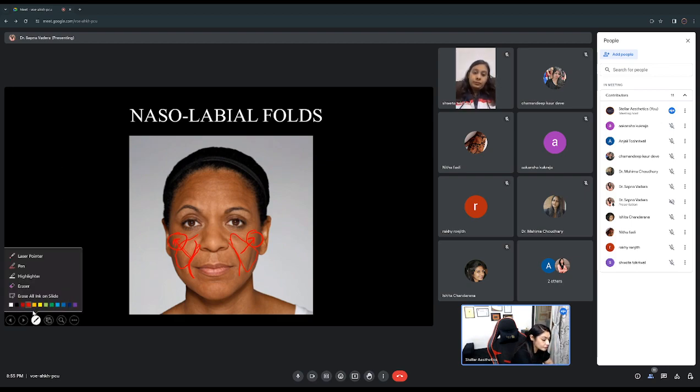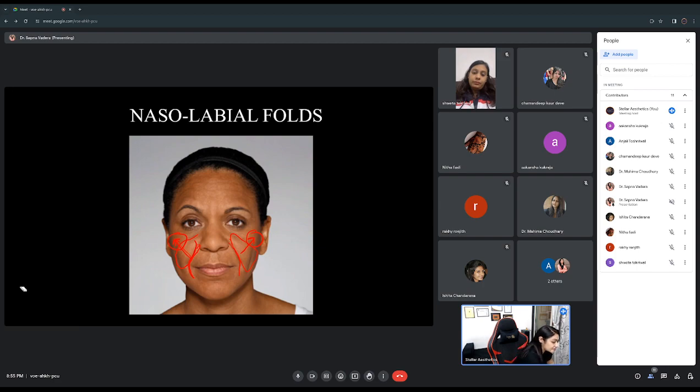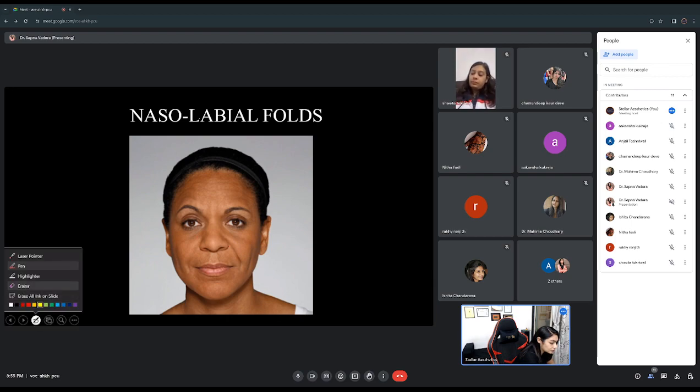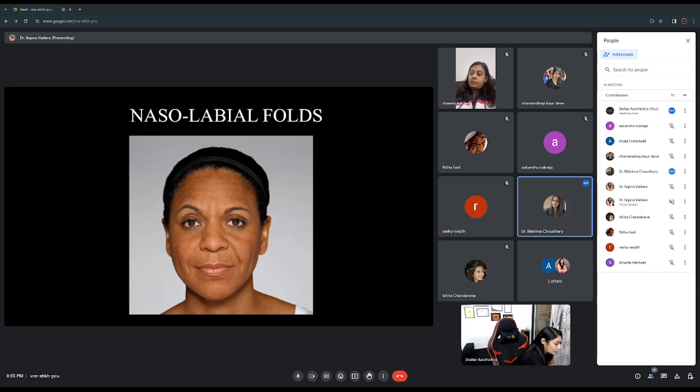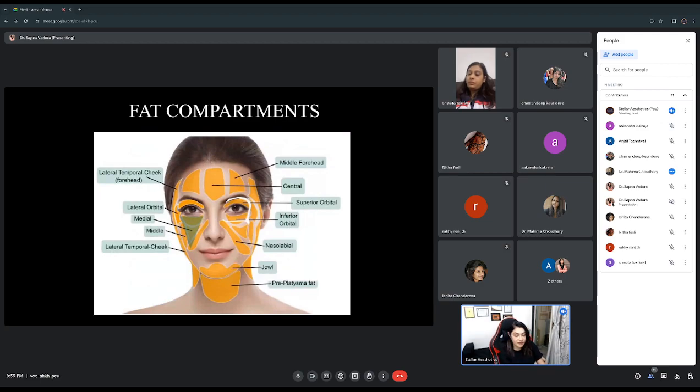How we are going to do that we will discuss when we learn the procedures, but I hope you all can clearly see that all this thing which is creating a fold here has to go up, right? Clear? These are all the fat compartments.